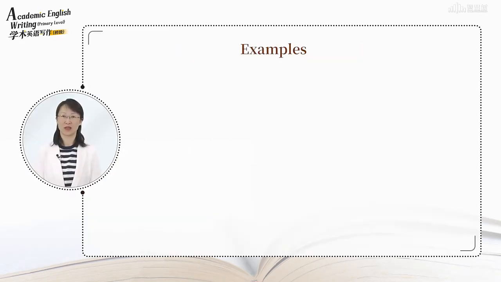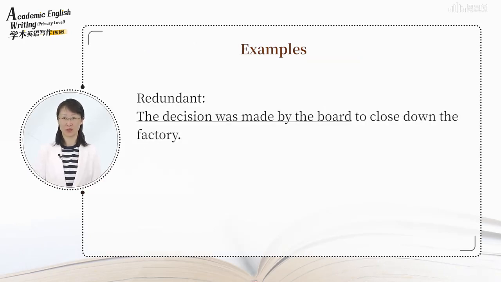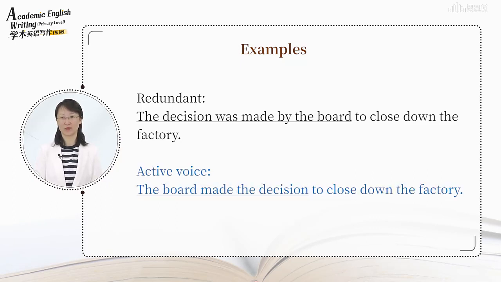For example, in the following sentence, the decision was made by the board to close down the factory. The passive construction can be changed into an active construction for conciseness. That is to say, the board made the decision to close down the factory.